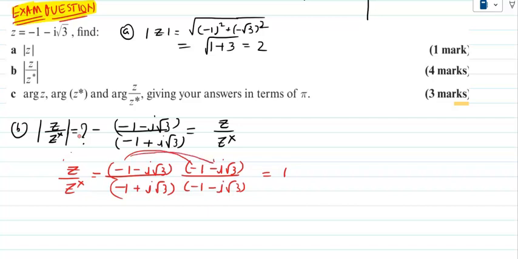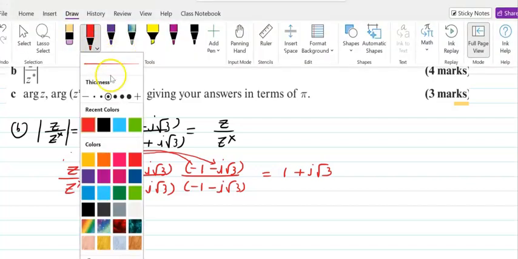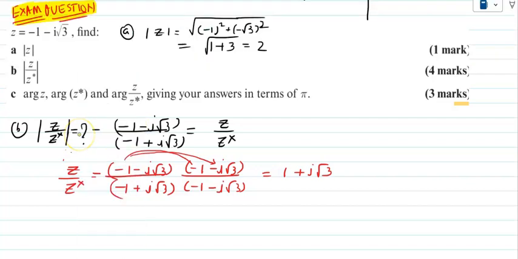Minus 1 times minus i root 3 should be plus i root 3. Now you are multiplying with the other part: minus i root 3 times minus 1 should be again i root 3, and minus i root 3 times minus i root 3, minus and minus becomes plus, and it should be i square times root 3 squared, which becomes 3i square.